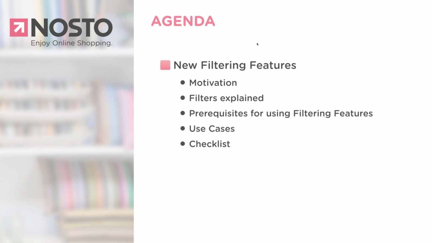I want to highlight a couple of points that you should be aware of before launching any filtering using those features. And then I think the most interesting case, what are the use cases that we see our merchants use these filtering features for.